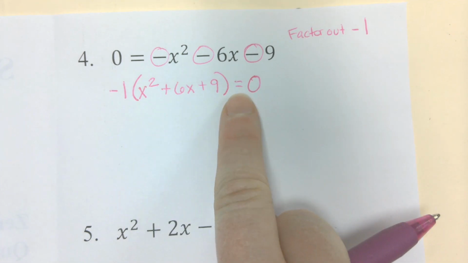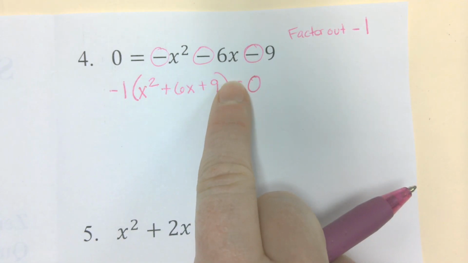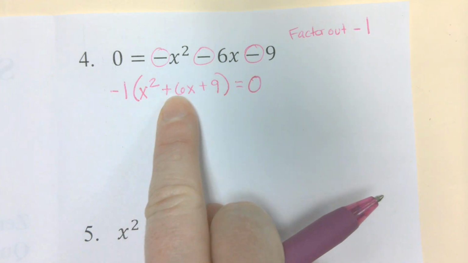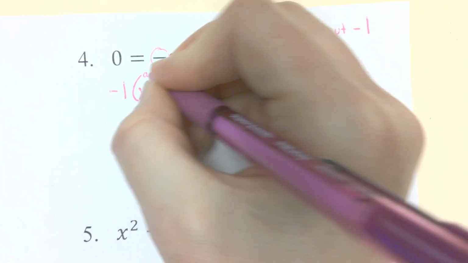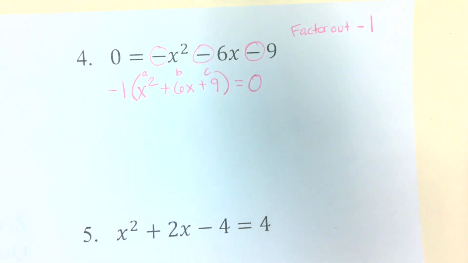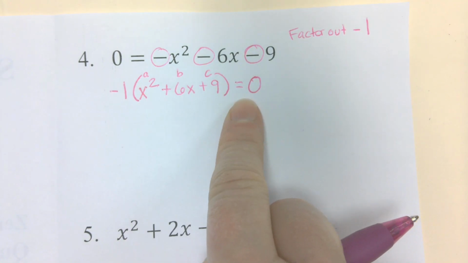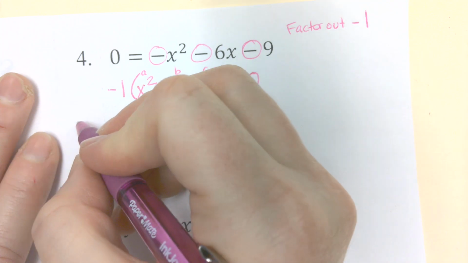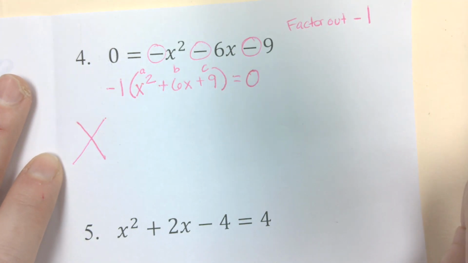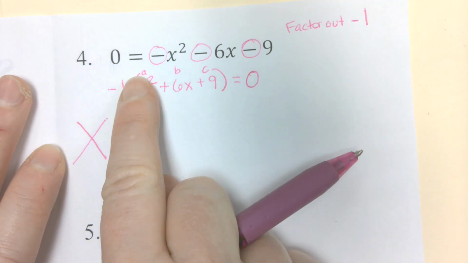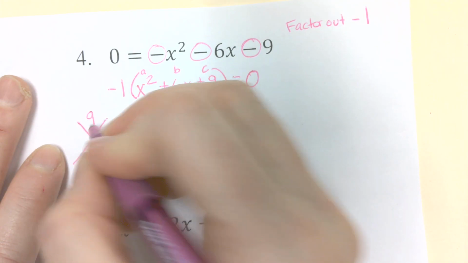Okay, we need to factor this trinomial into two binomials. Does this look familiar? It was our warm-up. The inside was, anyway. So let's use our X box. The top is the A times C, so that's 9.